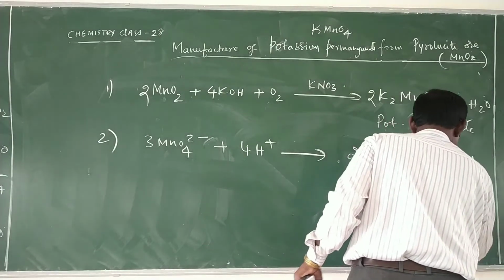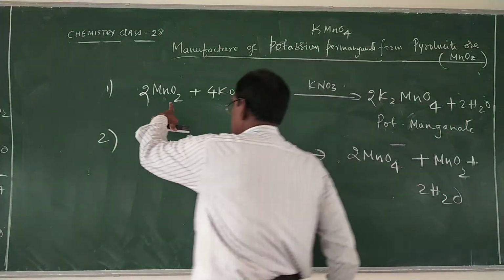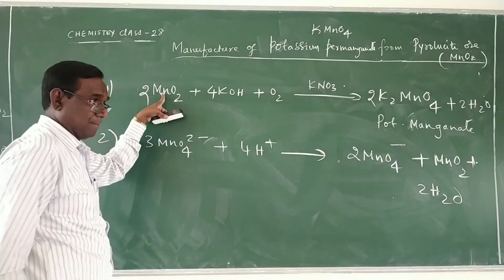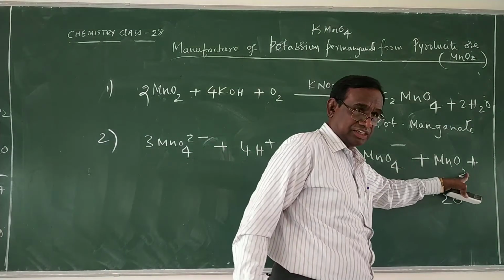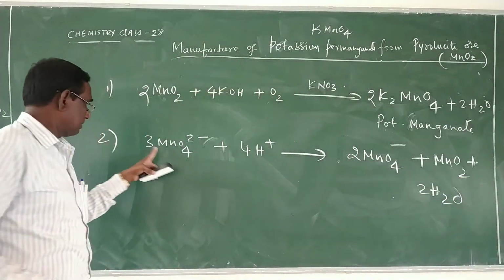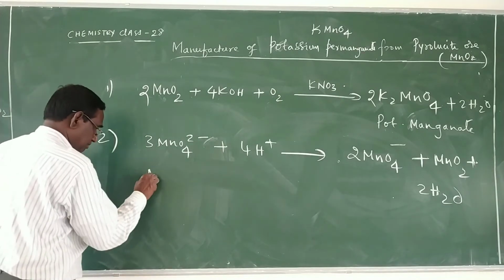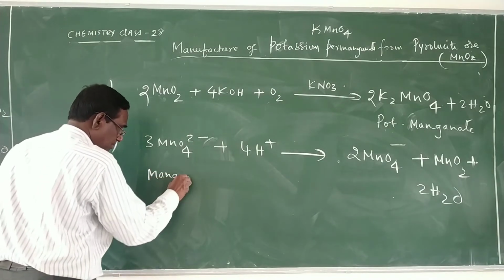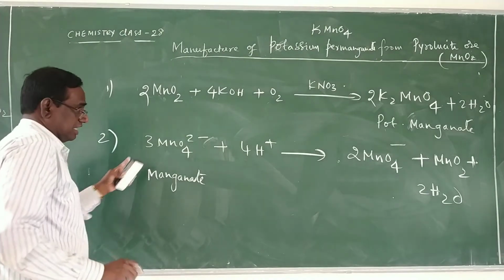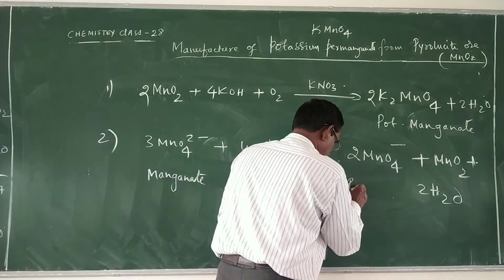The manganese dioxide taken in the first step is released at the second step. So the manganate is converted into permanganate.